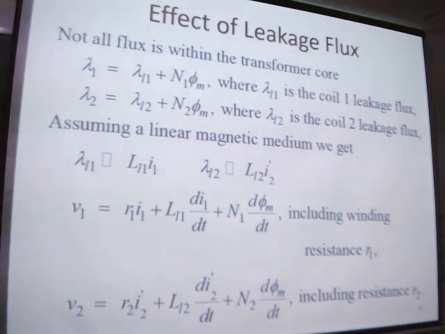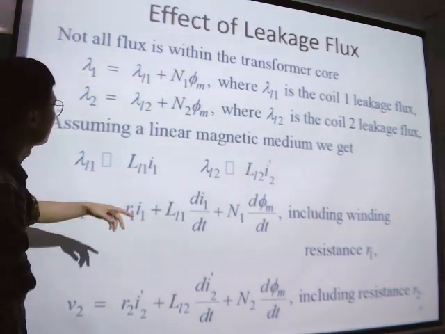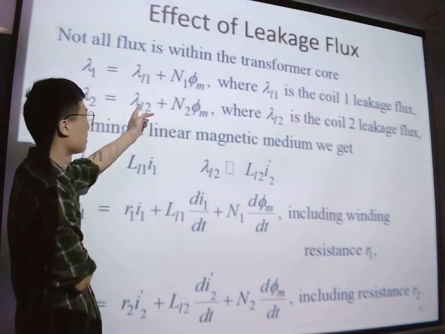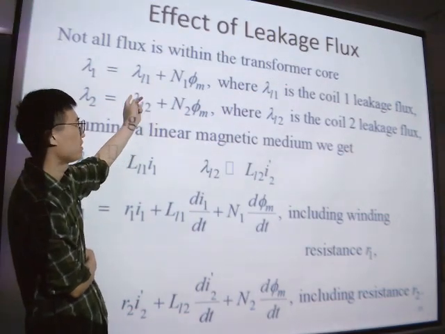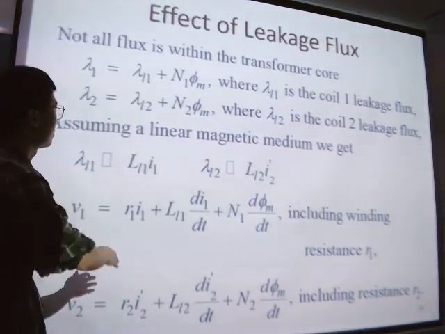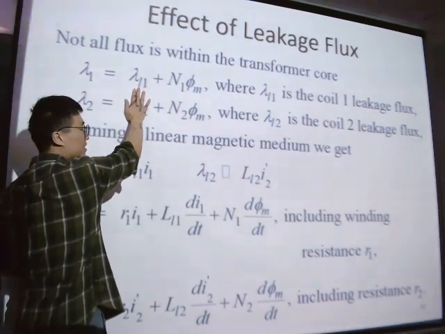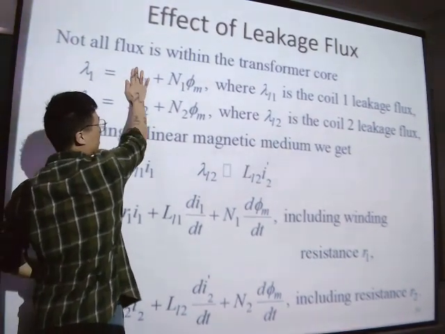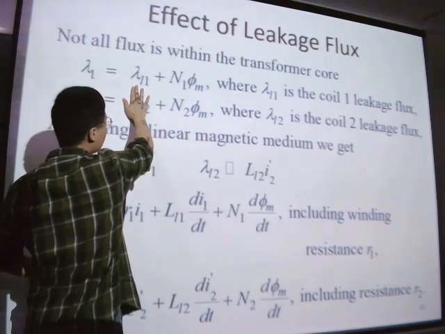Because we are considering real transformers, the second step is that we need to consider the leakage flux. You can see that the leakage flux is an extra variable compared with the previous equations in the ideal conditions.